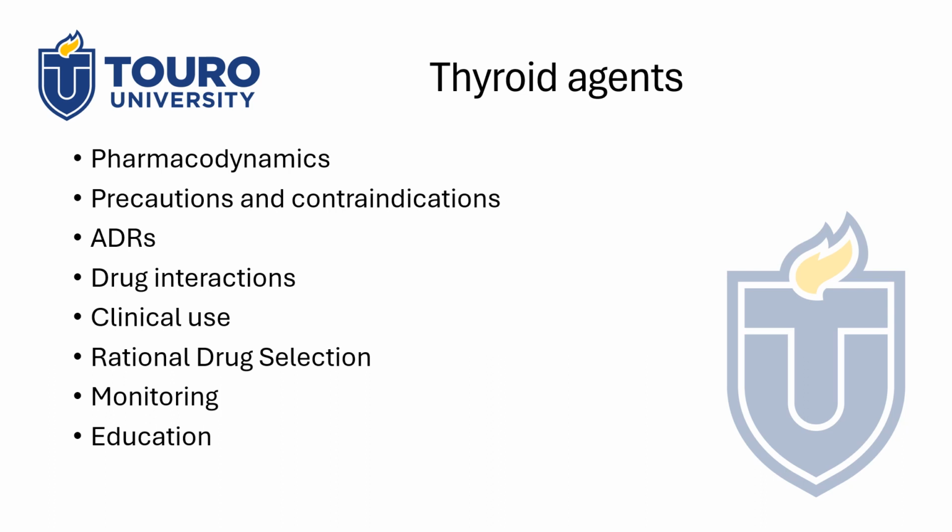Sometimes we need to use a beta blocker also for hyperthyroidism. Some side effects of the medications: joint pain, headache, hair loss, and hives.